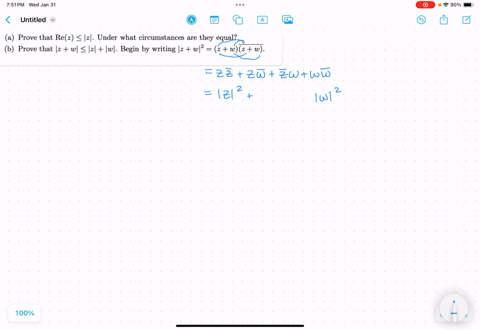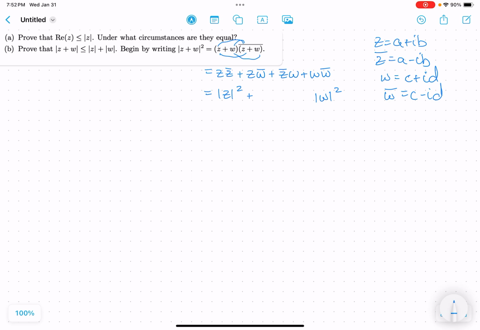And then if you think about z, you can try it yourself. If you want, let z, for example, be a plus ib, so z bar would be a minus ib. Let's make w c plus id, w bar would then be c minus id.